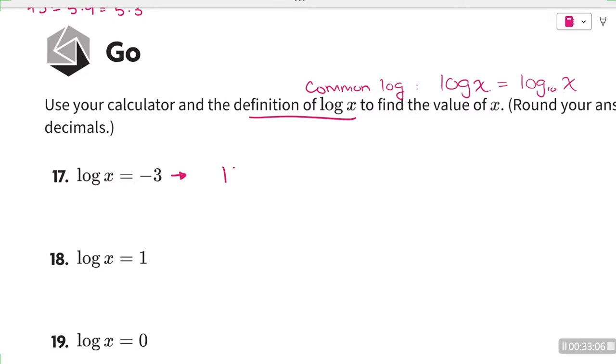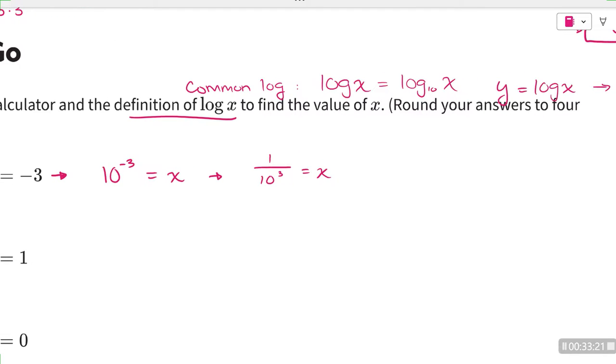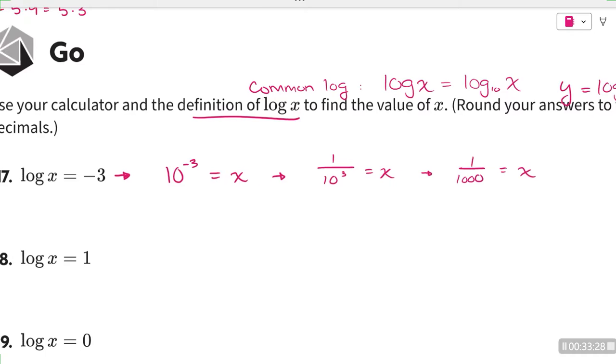If I write it in exponential form first, I have 10 to the negative 3 equals x. Well, 10 to the negative 3 is the same thing as 1 over 10 cubed. And I know 10 cubed is 1,000. So this becomes 1 over 1,000 for x.